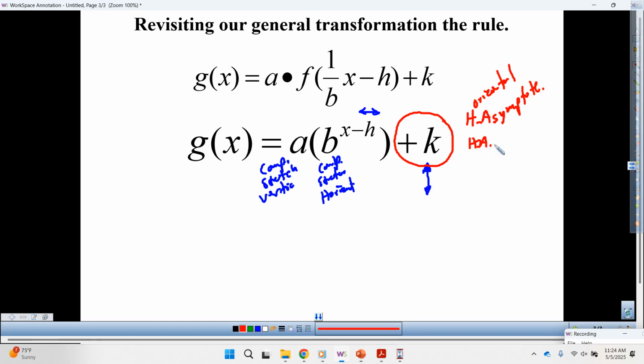HA, horizontal asymptote. And it should look like this. Horizontal asymptote. Okay, we good?